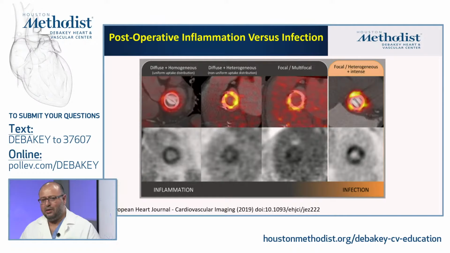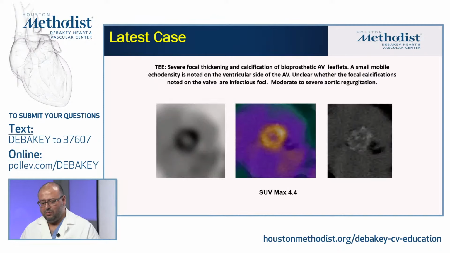Even if the echo did not identify it, as Steve showed earlier, sometimes FDG uptake makes me more suspicious of subtle findings that were not seen initially. But more of a homogeneous low-grade uptake is inflammation. More of a very focal and heterogeneous uptake points toward infection, and this is how infection usually looks, focal and heterogeneous.